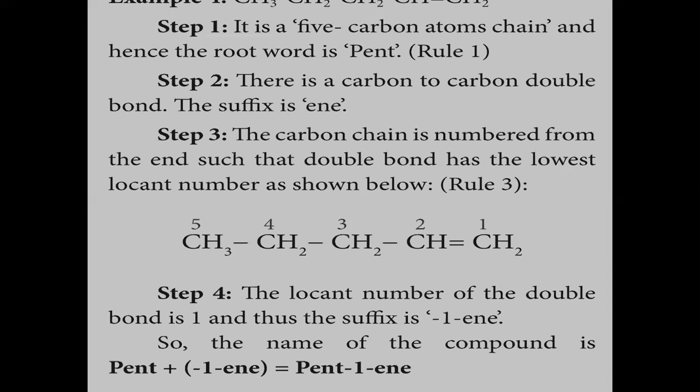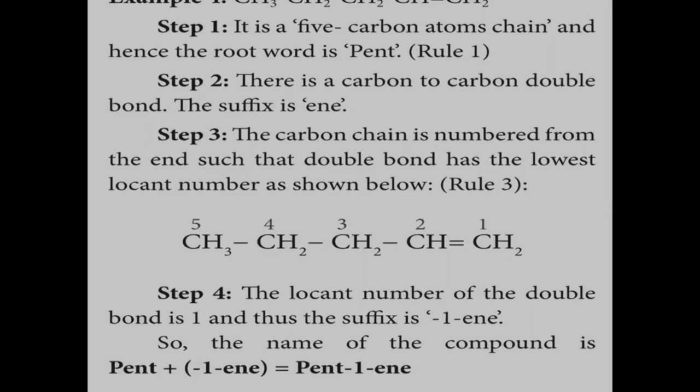That is 5. Five carbon atoms or carbon chains are present. That is the root word is pent. There is no substituent and functional group. So directly we go to the suffix word.